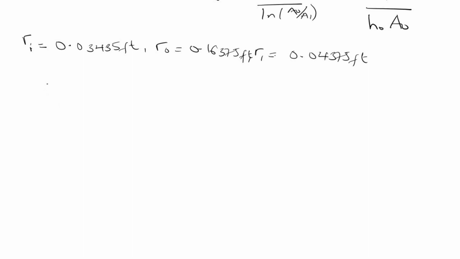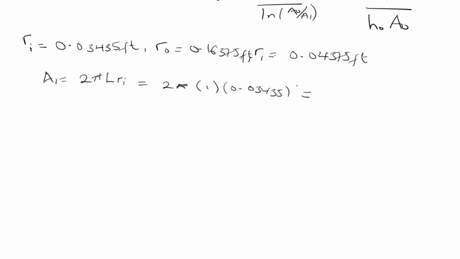So area AI is equal to 2 pi L Ri, which is 2 times pi times what's my length? I'm told it is for unit length always. L is 1 and this R is 0.03435. So what is going to be my area?